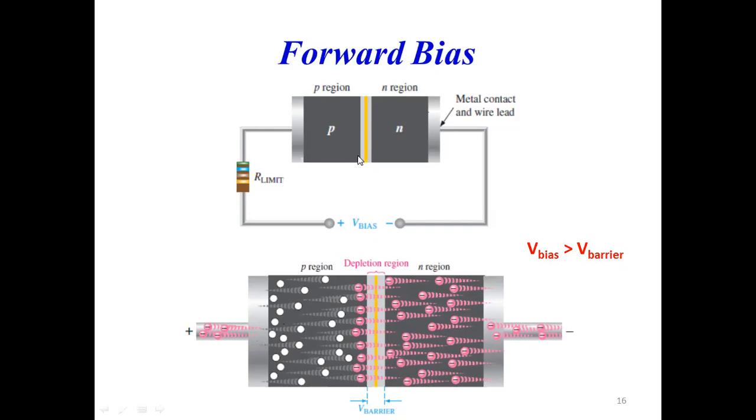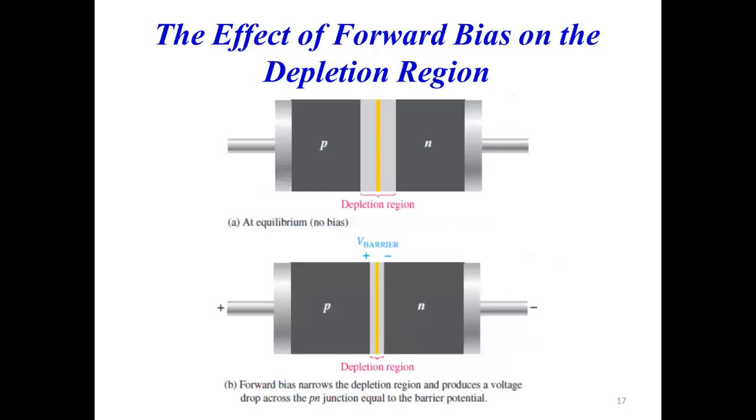So what is the condition for forward biasing? Your biasing voltage should be greater than the barrier potential, then only will there be an actual current, the movement of electrons in this particular circuit. So have you understood about forward bias? Okay, now let us see how to reverse bias a diode.